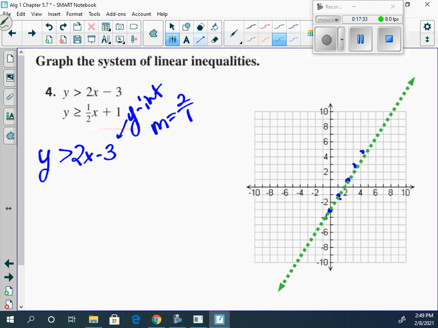Any questions on this here? Now we just need to find out which side we want to shade, yes? So to determine which side we want to shade, we need to check a point. So 0, 0. And if we plug this in, we get 0 is greater than 2 times 0 minus 3.